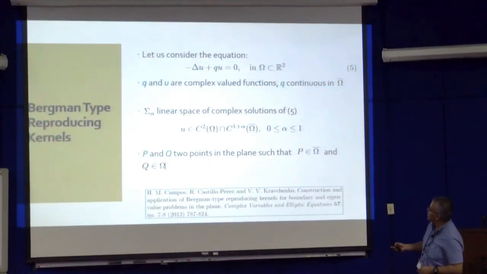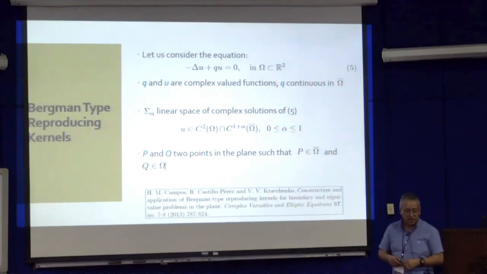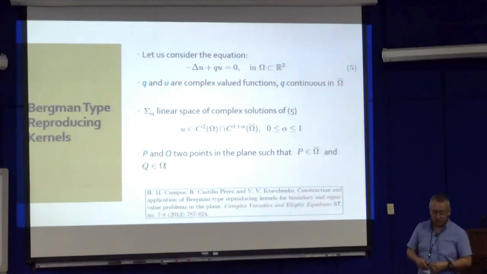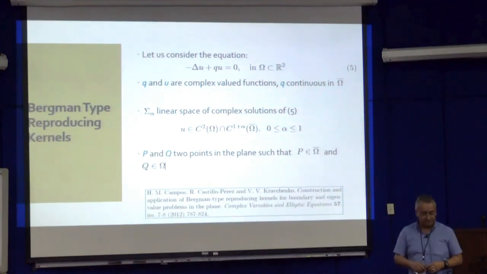Yes, it's enough for the boundary to have continuity of Q and U. We have this condition for the solution in this way. And also, we should avoid some points. The location of P and Q is also important, but any other conditions we don't have.